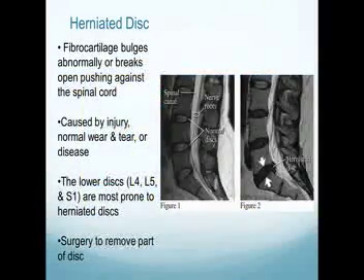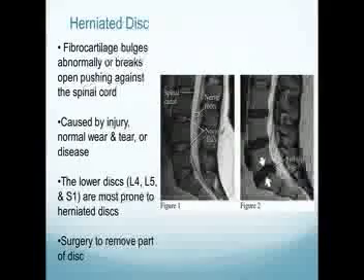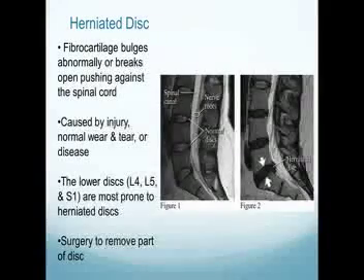Now, building on those intervertebral discs, we can talk about herniation. Herniation is a displacement of a tissue from where it should normally exist in the body. So a herniated disc refers to an intervertebral disc that has moved out of the space that's separating one vertebra from another.